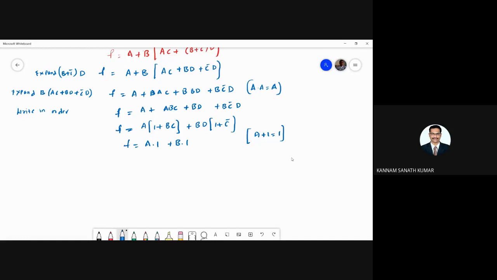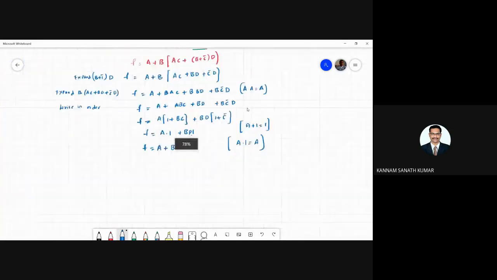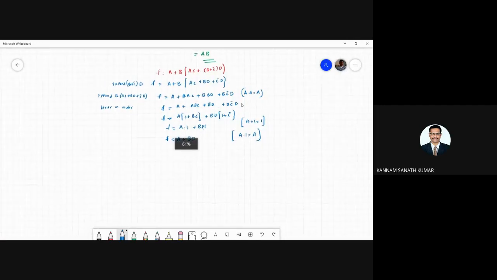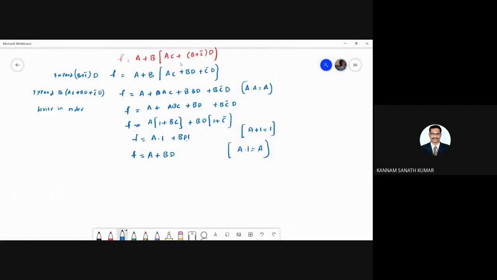So here BD into 1, so A plus BD, because A into 1 equals the input A itself. This is how I'm getting A plus BD. So (A + B) into (AC + BC̄ + D) equals A plus BD. This is my answer.